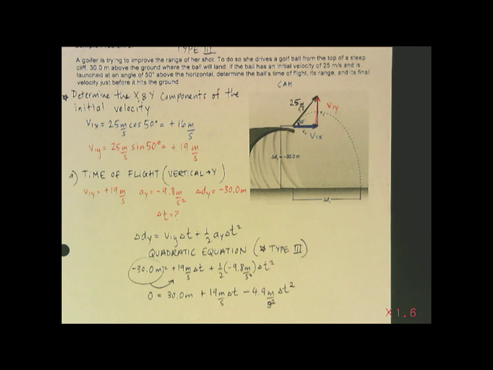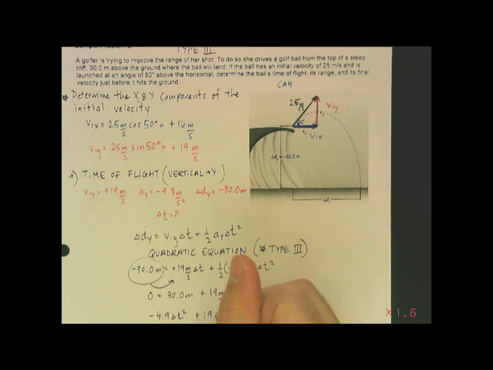Looking more like a quadratic equation. I'm going to simplify it just a bit more. I'm going to get rid of the units, and I'm going to put everything on this side. So I'm going to say negative 4.9 delta t squared plus 19 delta t plus 30.0 equals 0.